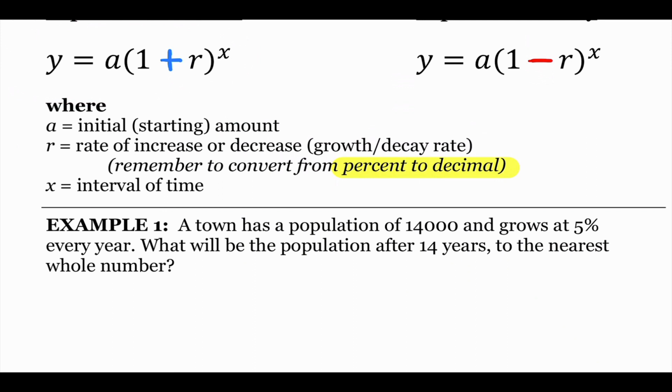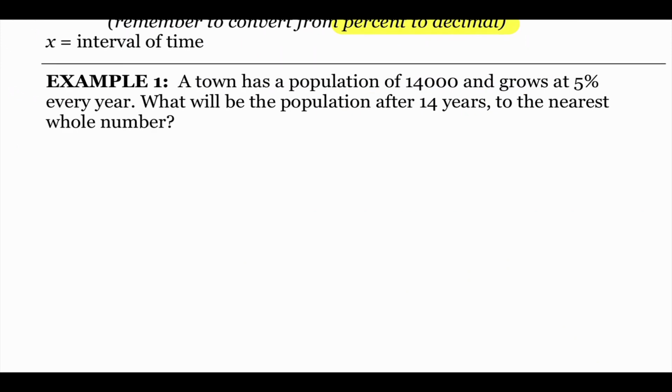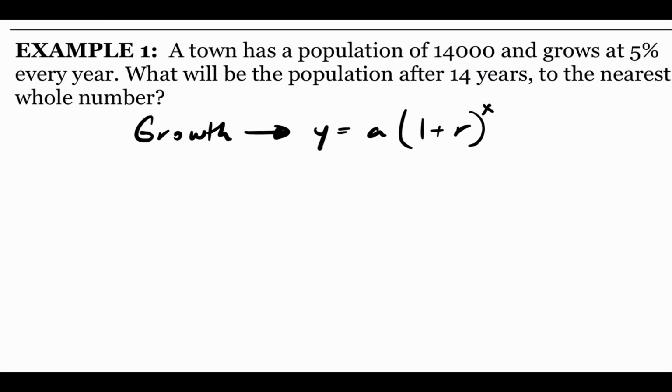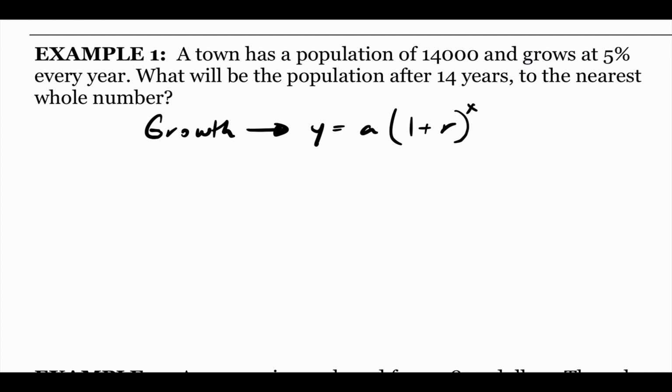So let me write it down. Growth: y equals a(1 plus r)^x. Okay? Some of this stuff we know, right? A is initial amount, starting number. What is the starting number of people for this town? 14,000, right?